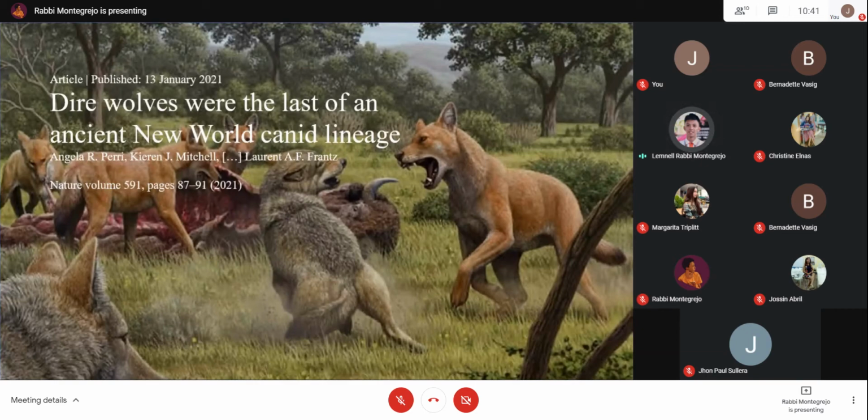Now, for those of us na fans sa Game of Thrones, familiar siguro ta sa dire wolves. And for ages, ever since their discovery in the 19th century, dire wolves were classified under the genus Canis, which also includes modern day dogs, wolves, coyotes.